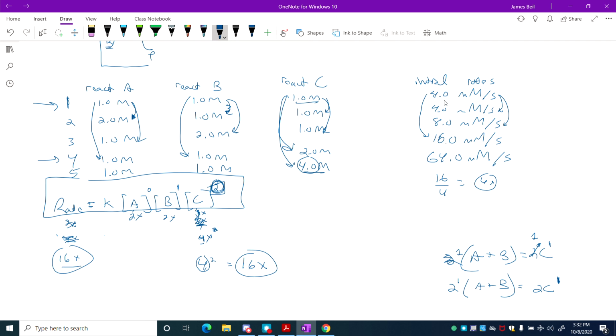So if it was 4 at the lower molarity, and I quadruple the molarity of the reactant, quadrupling the molarity to the second power is really multiplying by 16. And so to keep that equal, the rate has to increase 16-fold, and so I have to multiply 4 by 16 to get 64 for my rate.